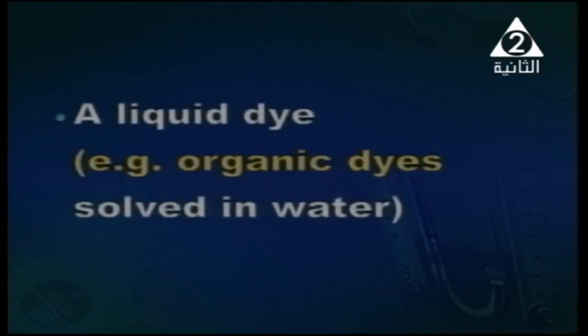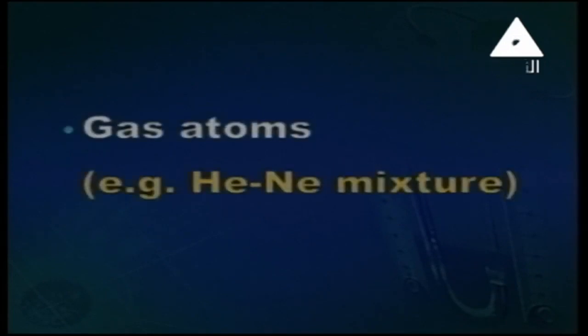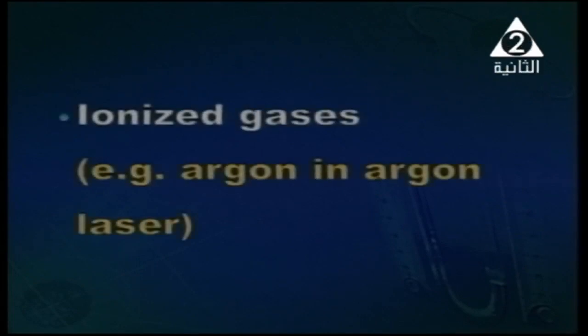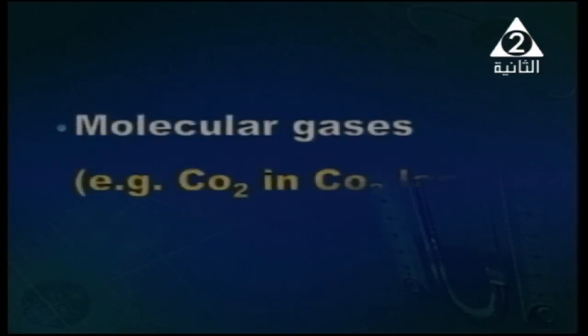A liquid dye, for example, organic dyes dissolved in water, and gas atoms in a helium neon mixture, ionized gas, for example, argon in an argon laser, molecular gases, for example, carbon dioxide in a carbon dioxide laser.